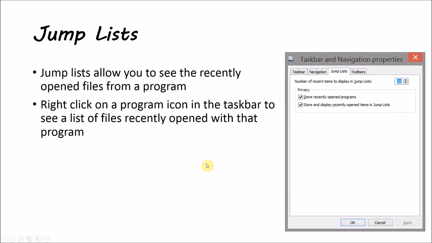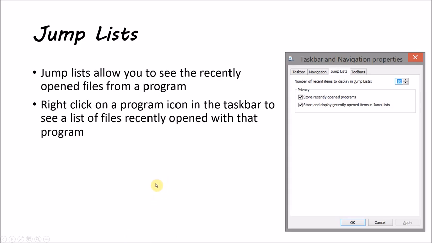The third tab is jump lists. Now, this jump list allows you to see the recently opened files from a program. So to do that, you would right-click on a program icon in the taskbar to see a list of files recently opened with that program. So you know how I have programs on the taskbar. You do too.